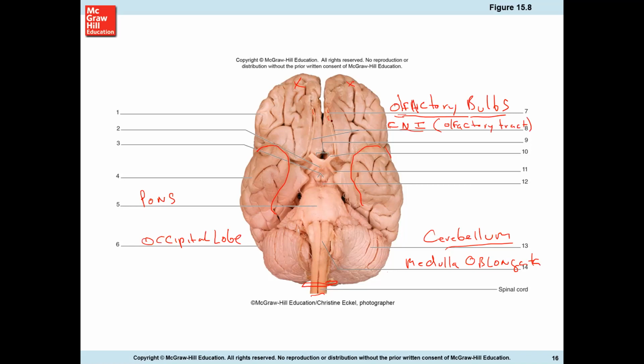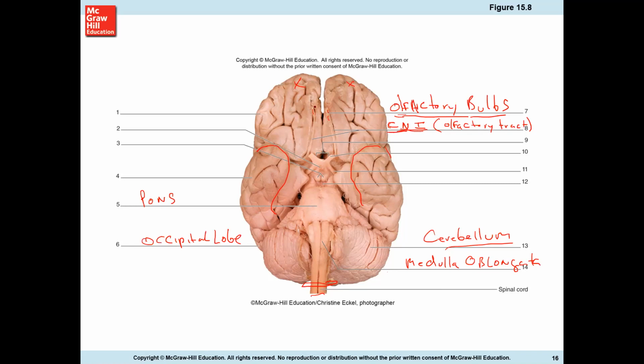Because below your cribriform plate, into your nasal cavity, remember the superior nasal concha and the superior nasal meatus, you have the olfactory nerves coming through the foramina of the cribriform plate. And there are special receptors for chemicals that we perceive as smell. So cranial nerve 1 is the olfactory nerve, and it's special sensory because smell is a special sense.